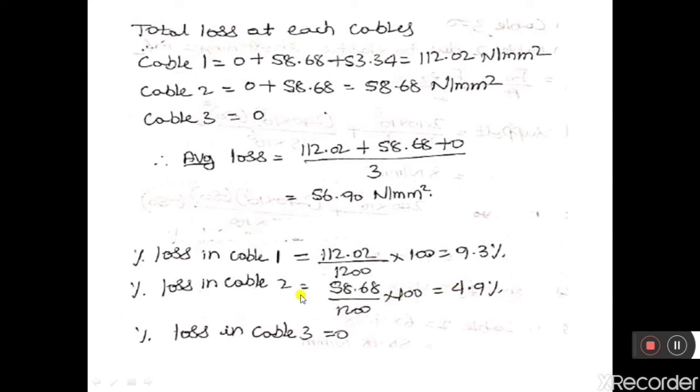So the percentage of loss of prestress in cable 2 is 4.9%, and the percentage loss in cable 3 is 0 because the total loss of prestress in cable 3 is 0. So here the loss is 9.3% and 4.9% in cable 1 and cable 2, and hence the losses are within permissible limits, so that the members can be used satisfactorily in the construction.